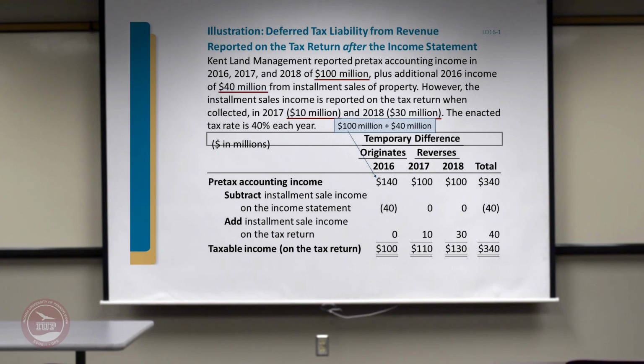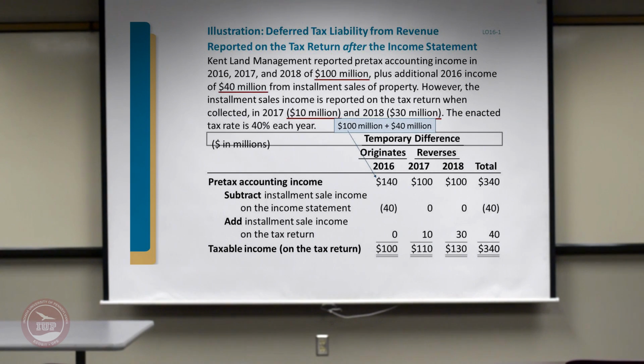So in this case, 2016 will have an income of $140 million. 2017 and 18 will have an income of $100 million. However, the installment sale is collected as follows. In 2017, 10 million is collected, and in 2018, 30 million is collected, and the tax rate is 40%.